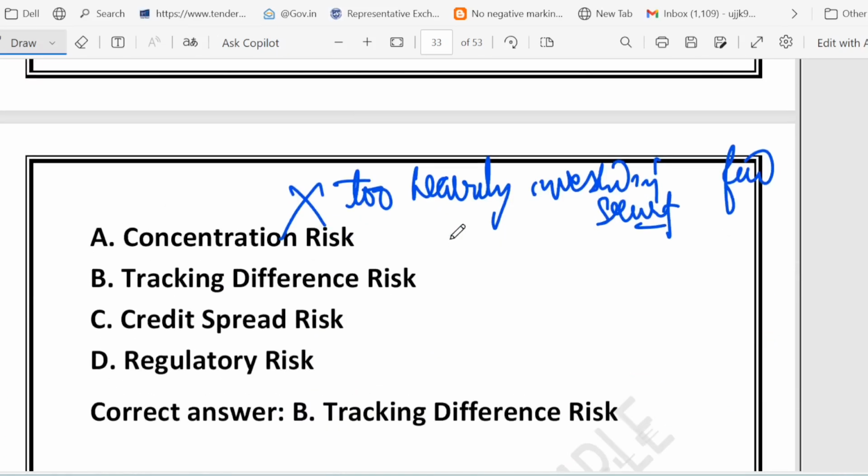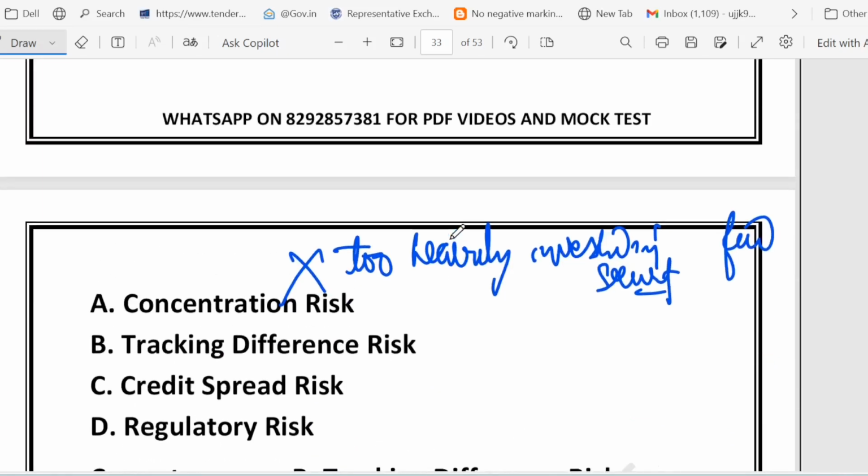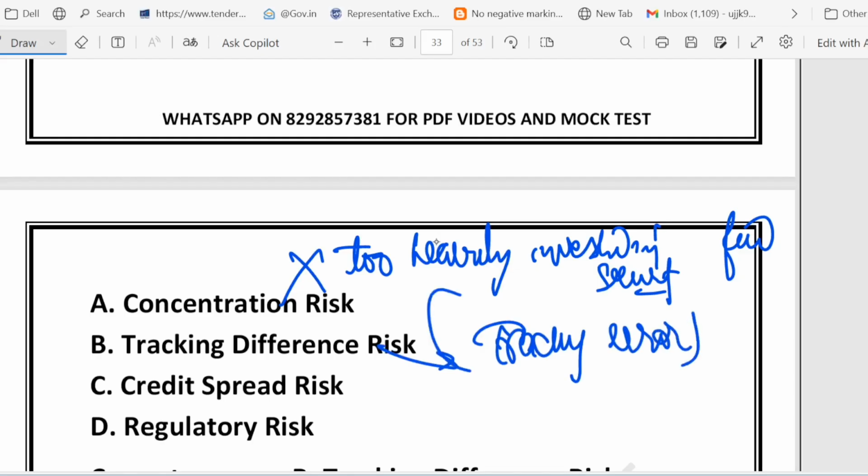Option B is saying tracking difference risk. Yes, this is the correct one. In simple words, we can call it tracking difference risk or tracking error. Tracking error measures how closely your portfolio follows the benchmark index.